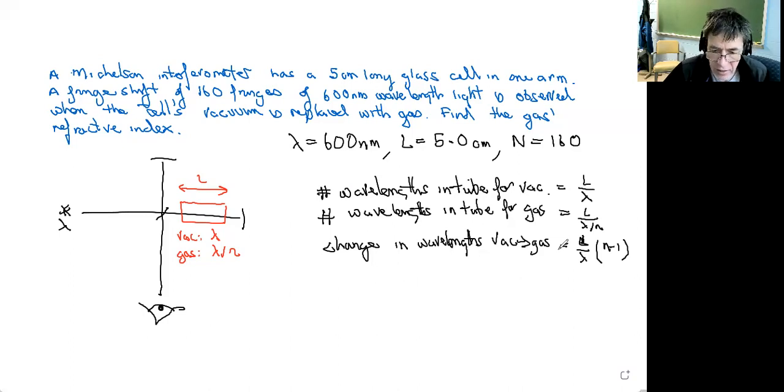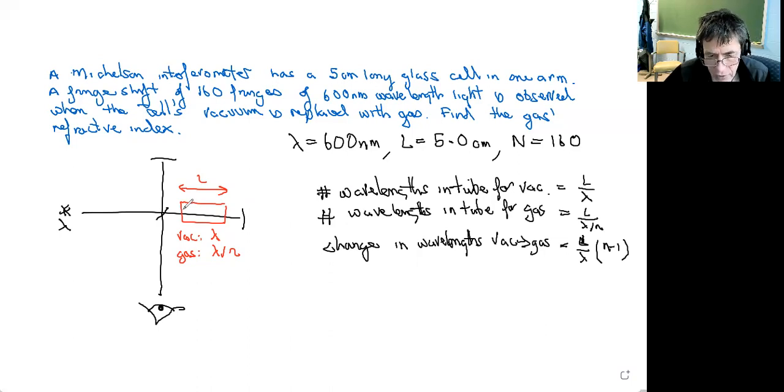Now, this is the change in number of wavelengths. The change in the number of fringes is 4 times this change in the number of wavelengths. That's because if you add 1 wavelength to this region of the cell, well, firstly, the light travels an extra wavelength when it goes to the left and when it goes to the right. So it's really adding 2 wavelengths.